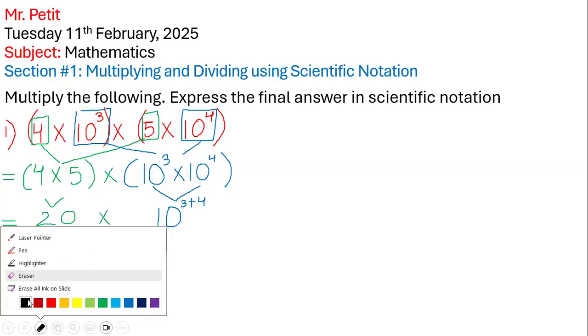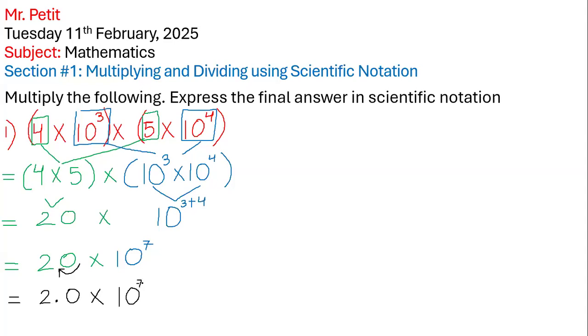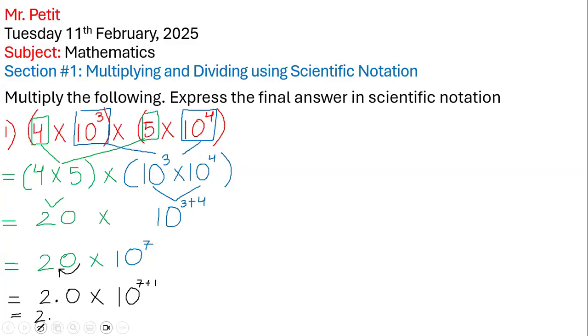It's going to be 7 plus 1, and it's going to be equal to 2.0 times 10 to the 8. If you want me to add this line so you could see how I got the 8, then I'll do that.